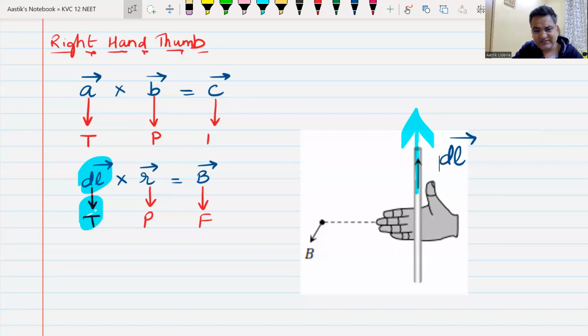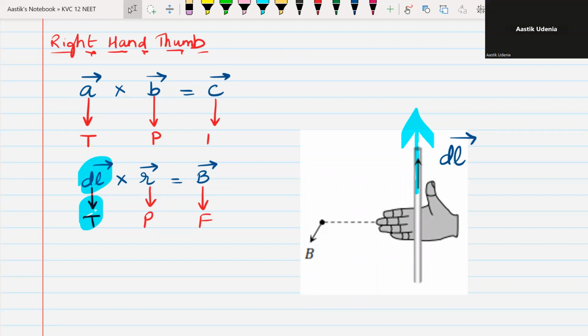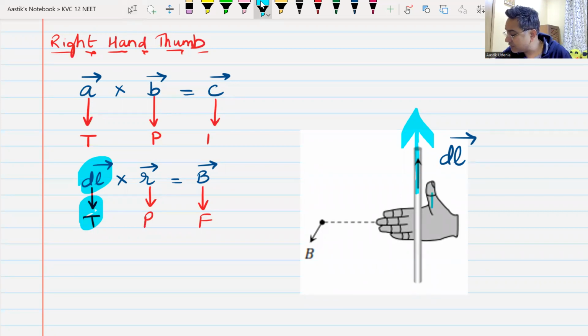Okay, now here is the diagram. dl is in the upward direction. Do you see dl in the upward direction? You can see your thumb coming in that upward direction. This is your thumb.